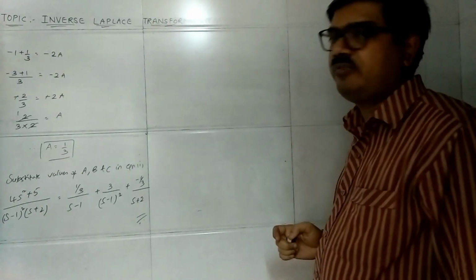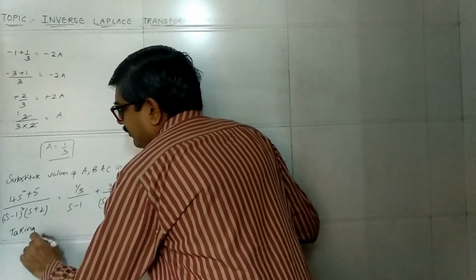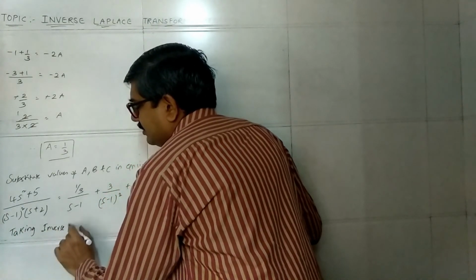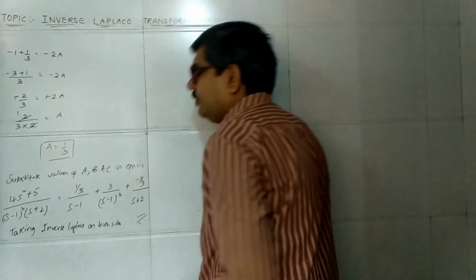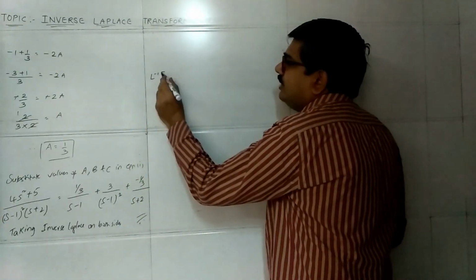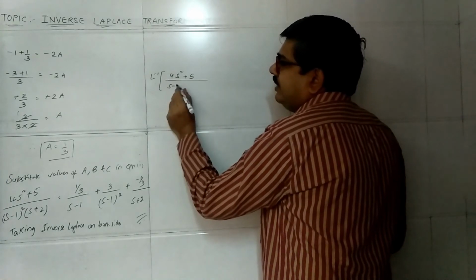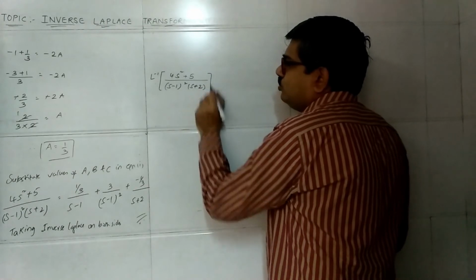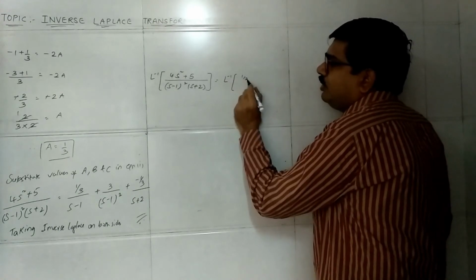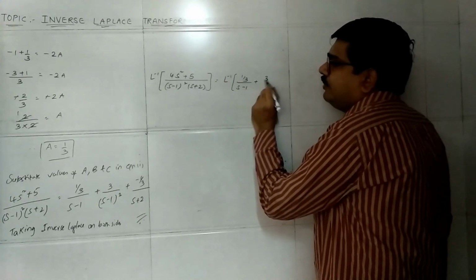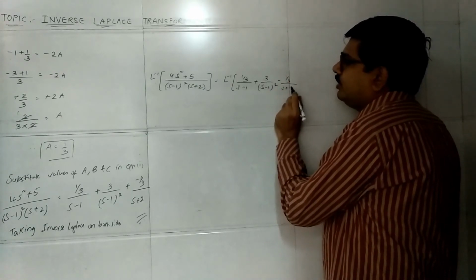Now after finding the partial fraction, we will take inverse Laplace on both sides. So taking inverse Laplace on both sides. Laplace inverse of 4s square plus 5 upon s minus 1 whole square into s plus 2 is equal to Laplace inverse of this whole thing: 1 by 3 upon s minus 1 plus 3 upon s minus 1 whole square minus 1 by 3 upon s plus 2.